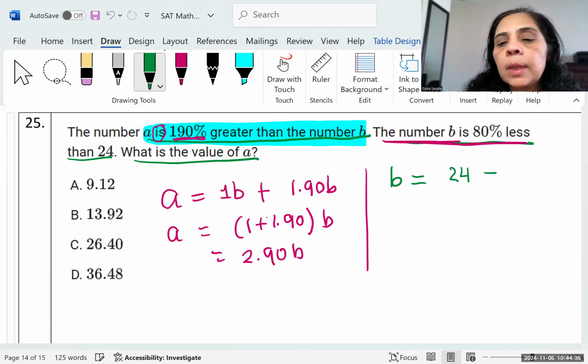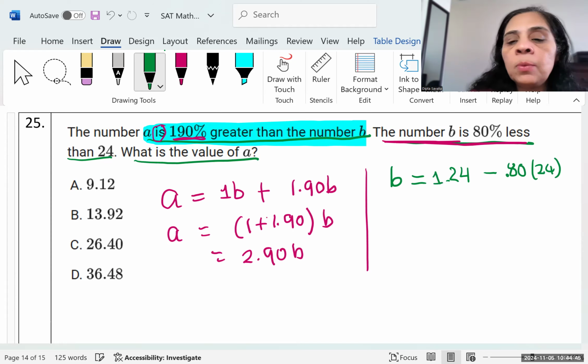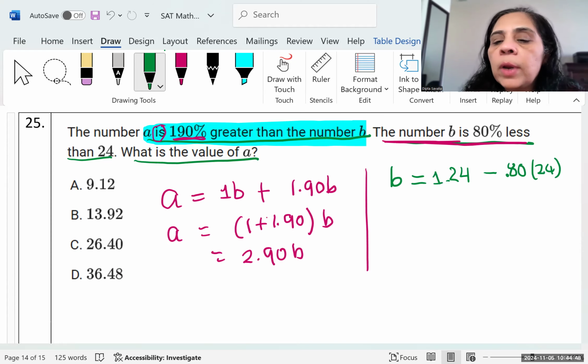minus 80% of 24. 80% means 0.80 times 24. So this is my 100%, right? 24 is 100%, so you don't need to write 1. Now we can take out 24, and we have 1 minus 0.80.